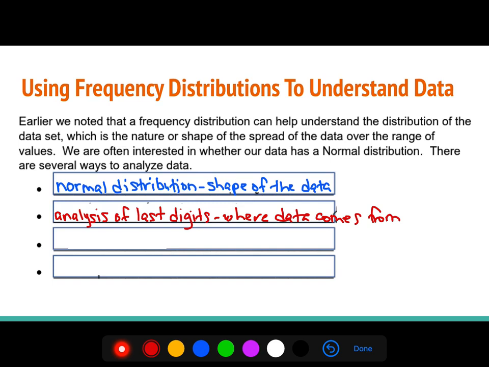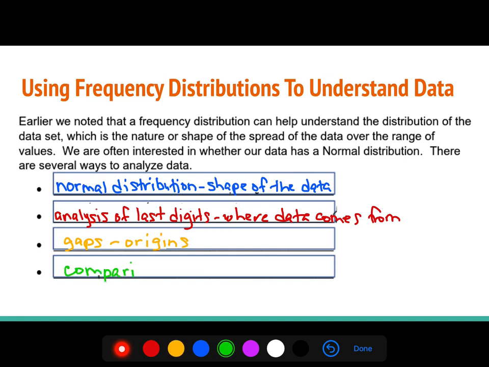Like weights. When somebody asks my weight, I don't tell them that it's exactly 196.6, I say, somewhere around 195. I round. And so that's where we're looking at the analysis of last digits.